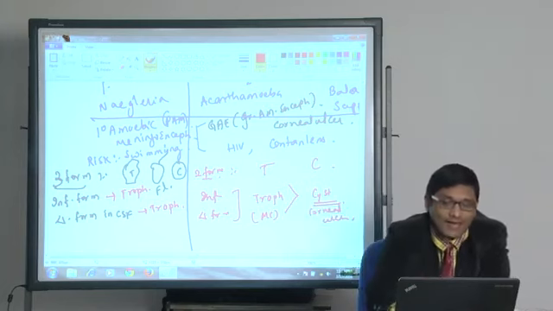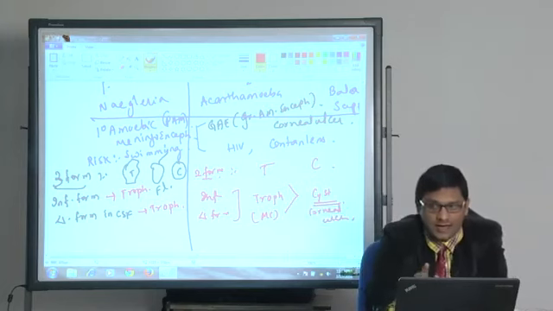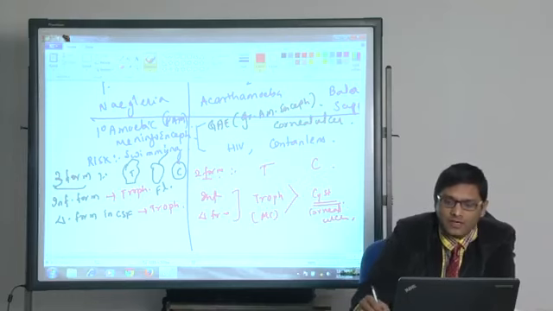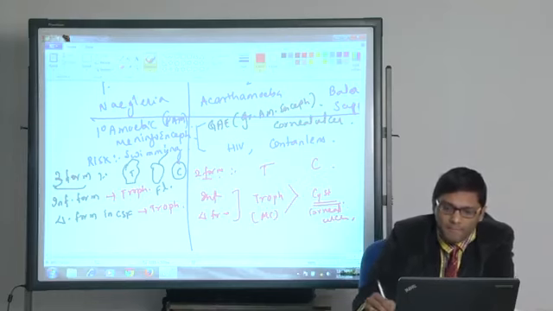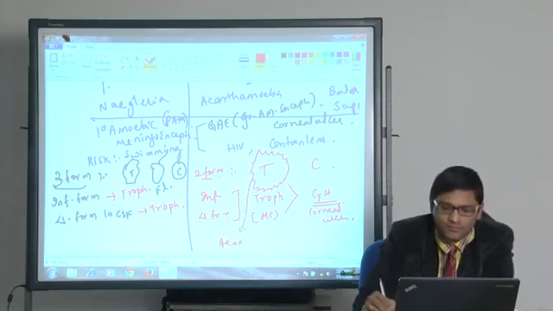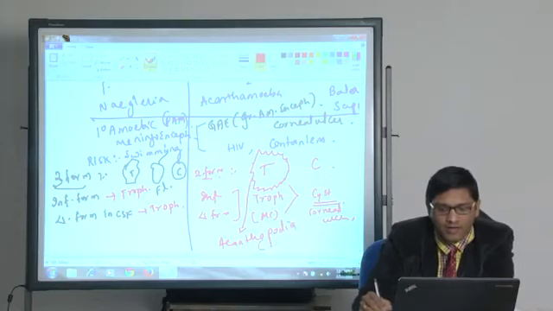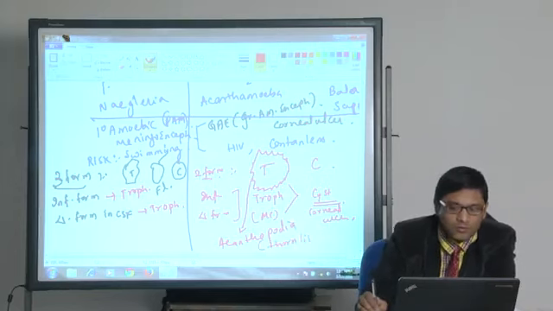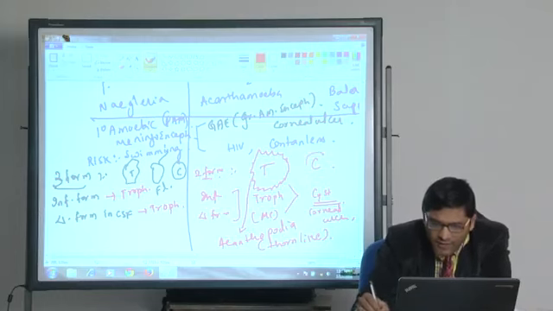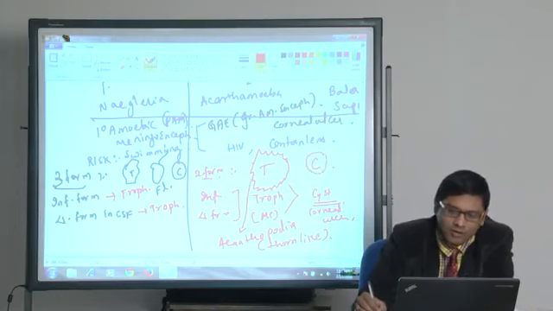Okay, and Acanthamoeba trophozoite and cyst have specific features to identify them. The trophozoite of Acanthamoeba has very peculiar thorn-like pseudopodia called acanthopodia, whereas the cyst of Acanthamoeba is double walled.